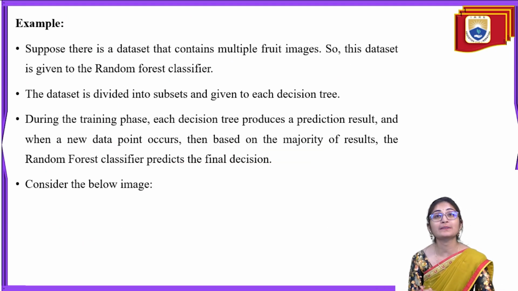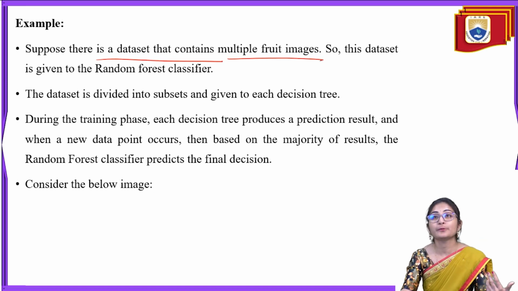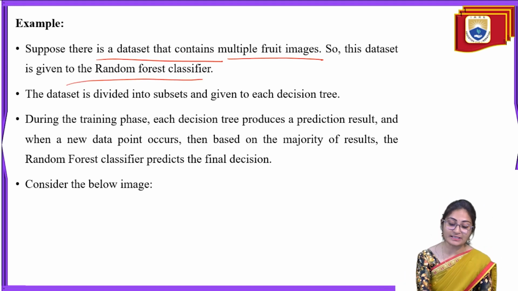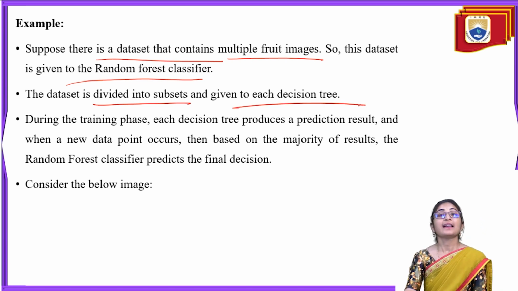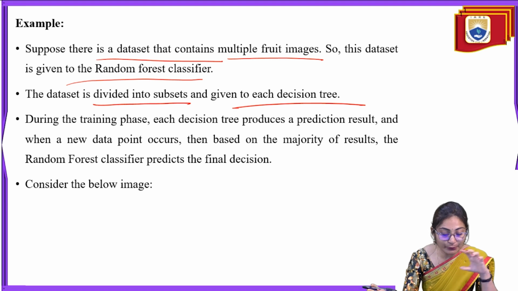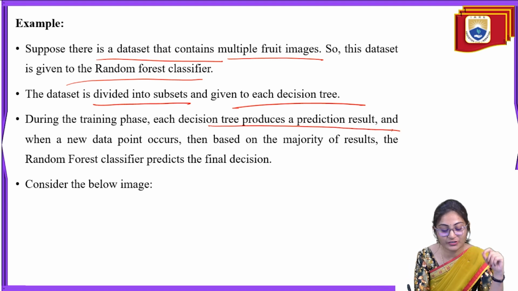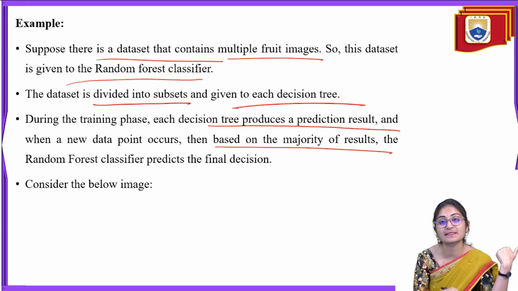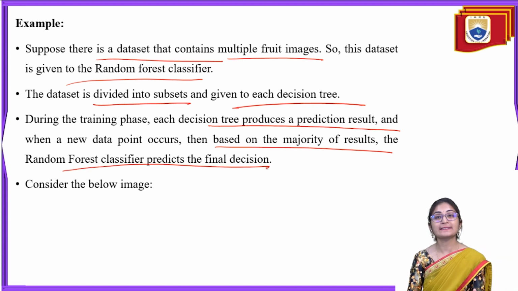Now for example, suppose there is a data set that contains multiple fruit images. So this data set is given to the random forest classifier. The data set is divided into subsets and given to each decision tree. During the training phase, each decision tree produces a prediction result, and when a new data point occurs, based on the majority of the results, the random forest classifier predicts the final decision.